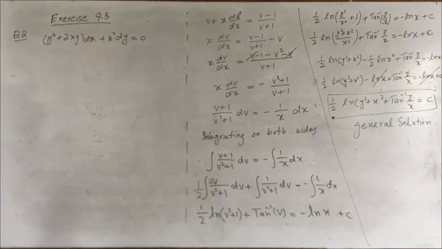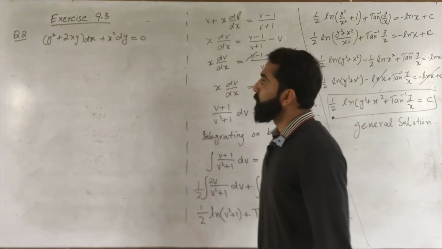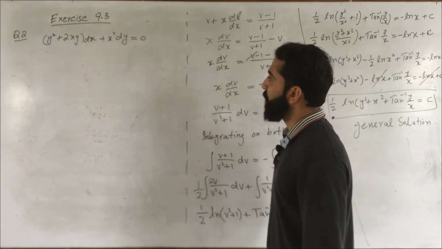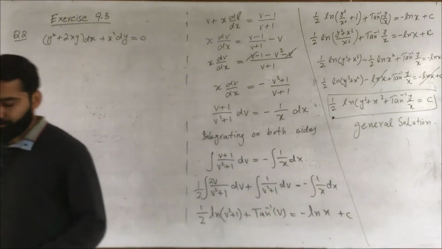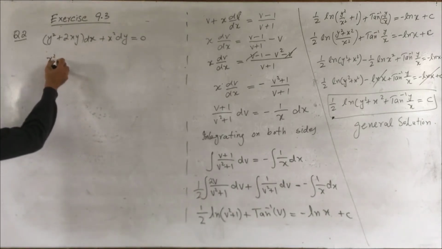As we can see that we cannot separate the variables of x and y, so we have to put it in the form of a homogeneous equation, which can be x square dy.